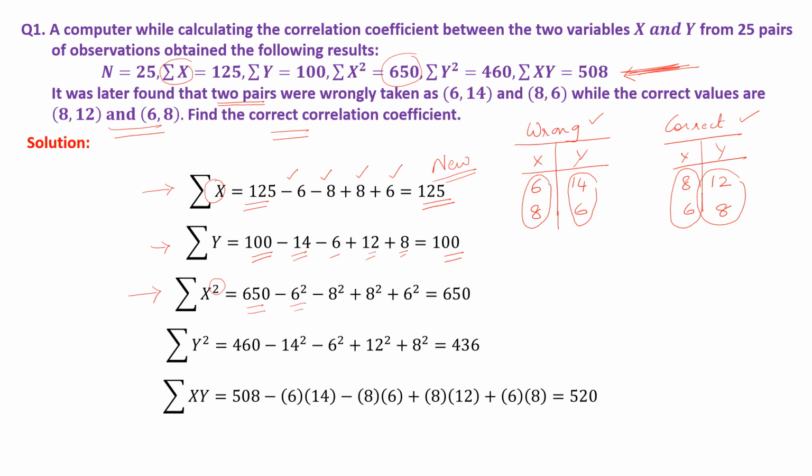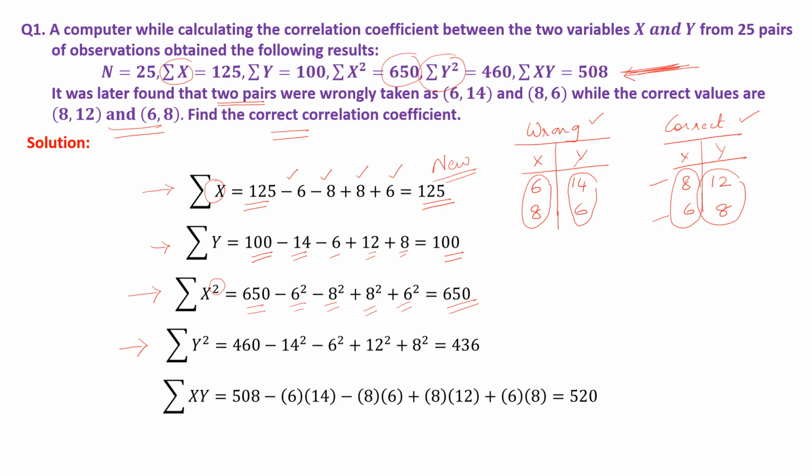So that we have subtracted. And now you have to add the squared correct values. So that is 8 and 6. So you're adding 8 square and 6 square. Again, so happens it gets cancelled. So that 650 remains as it is. Coming to sigma y square now. Sigma y square is 460.